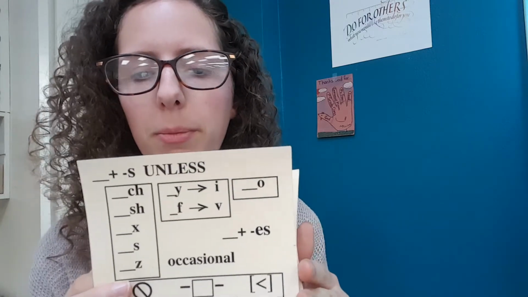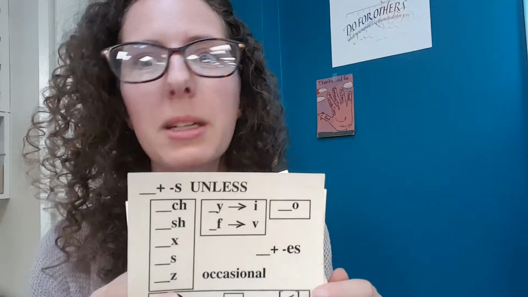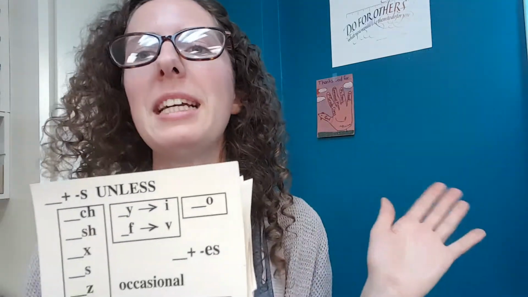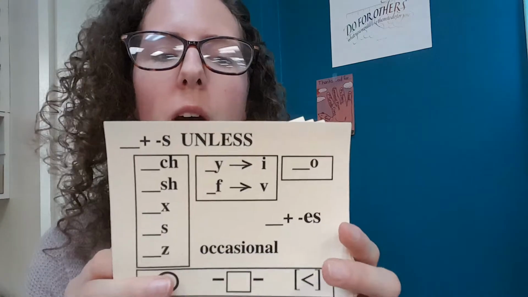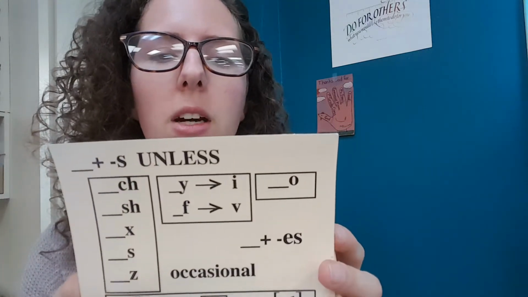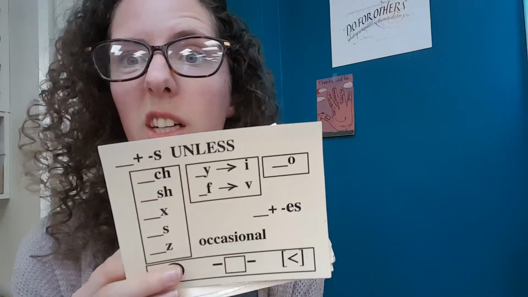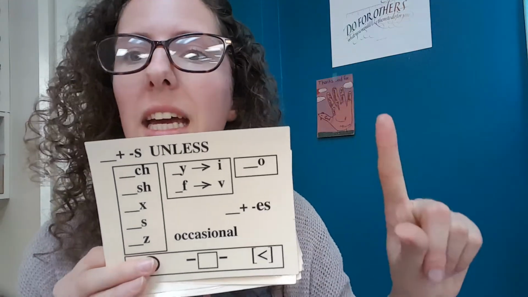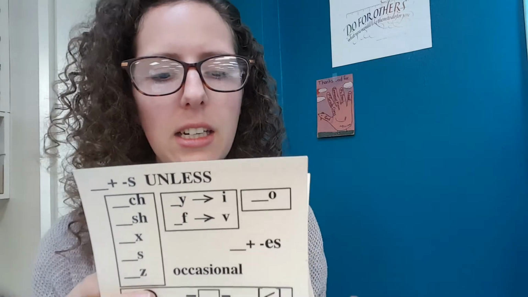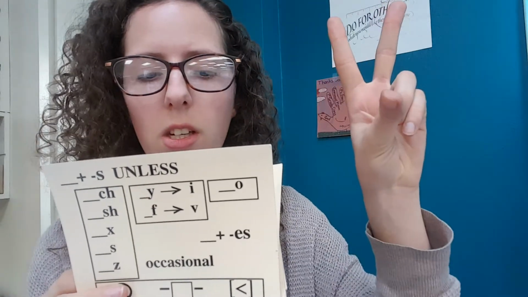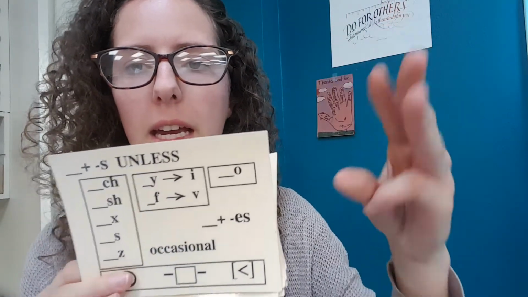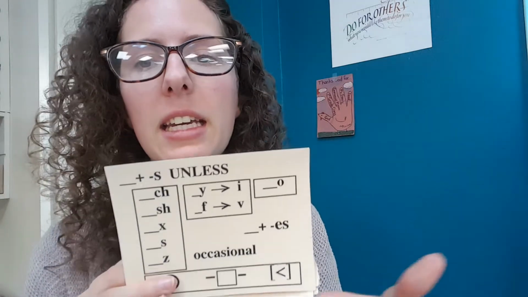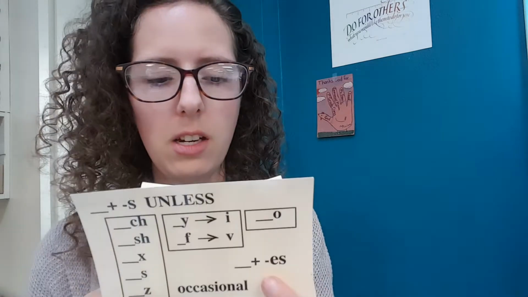You just say sheep. All right, I'm going to read through that one more time because that was a long rule. But once you get that down, it'll be easy peasy lemon squeezy. To make a word plural, just add S, unless the word hisses, changes, or may end in an O. In these cases, add an ES.